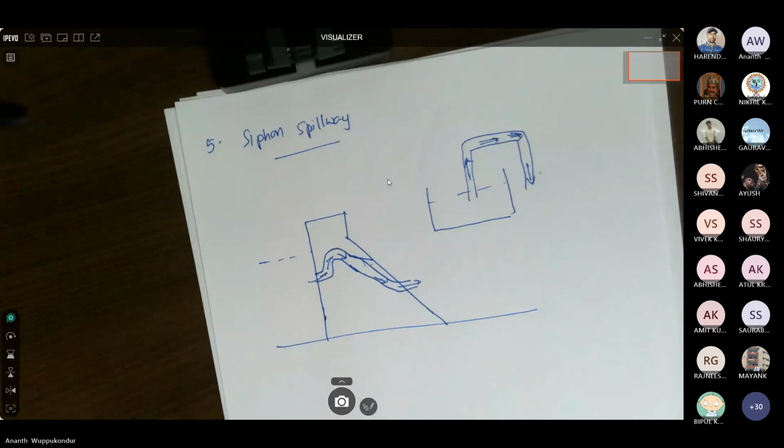Now the discharge over a spillway, we are going to see how to calculate the discharge over a spillway.